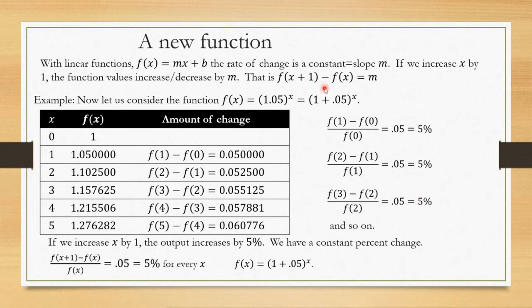So here with linear functions, if we increase x by 1, the output changes by m, the slope. Here, however, it's changing by a constant percent. The function values are increasing by 5%. And that's what I'm saying here.